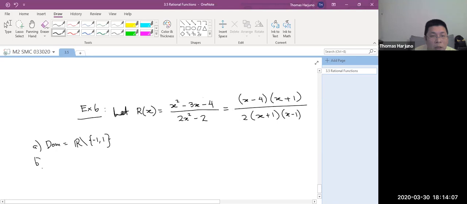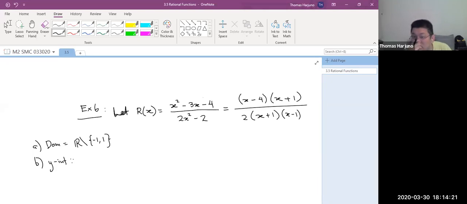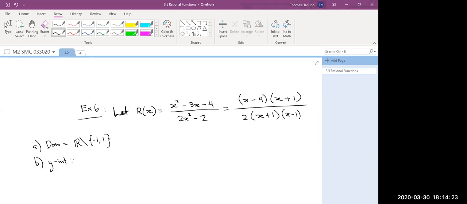Part B, the y-intercept is, what's the y-intercept? 0, 2.